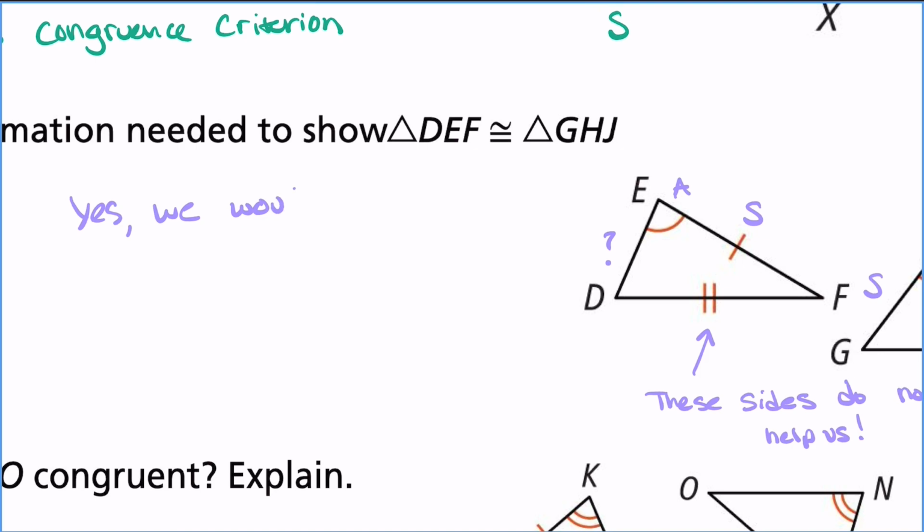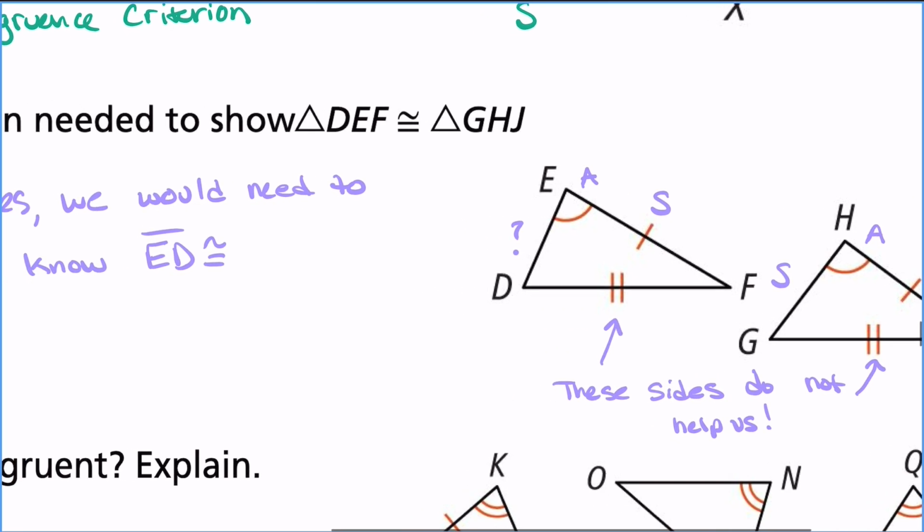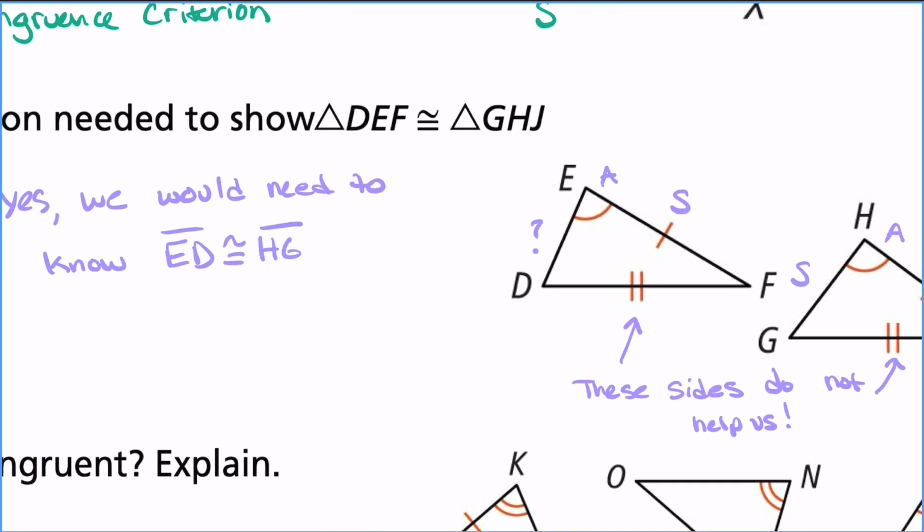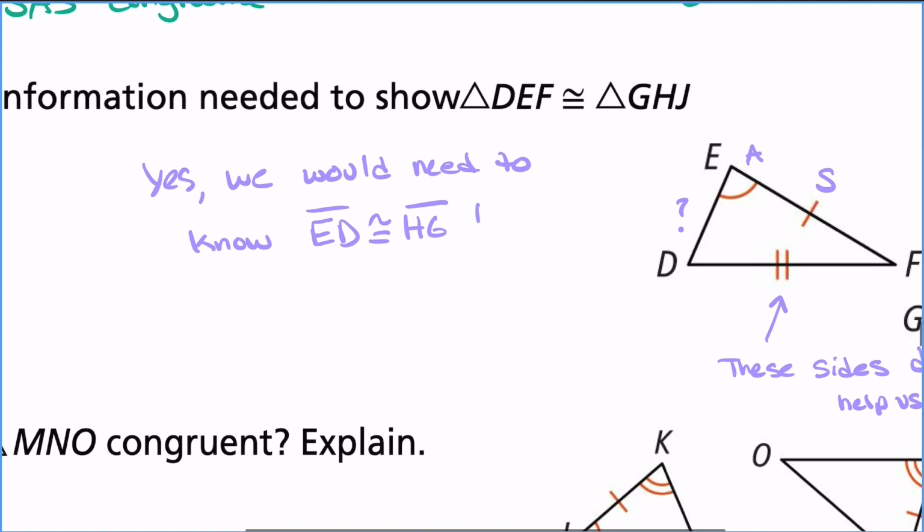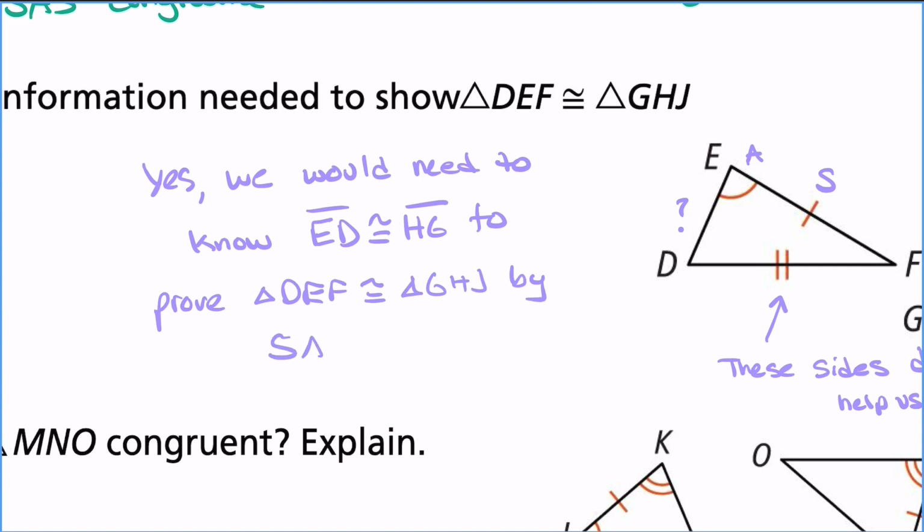We would need to know that side ED is congruent, and I want to make sure I go in the right order, so HG, to prove that triangle DEF is congruent to triangle GHJ by side, angle, side.